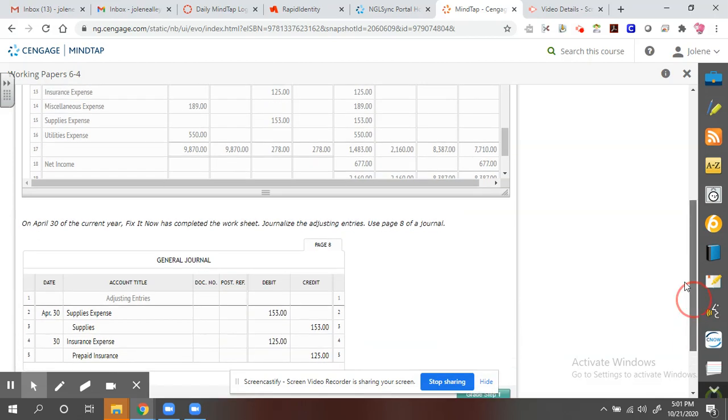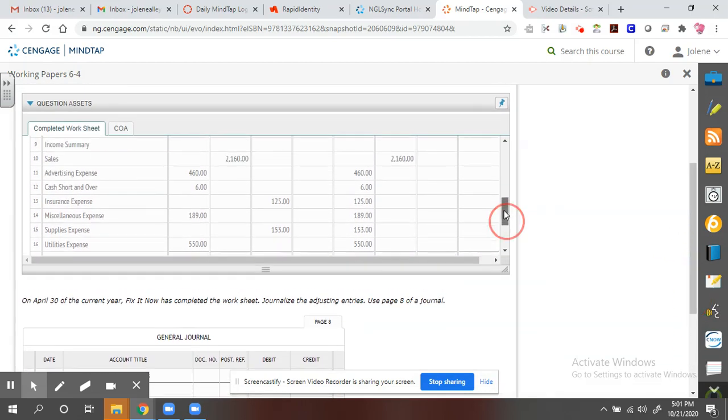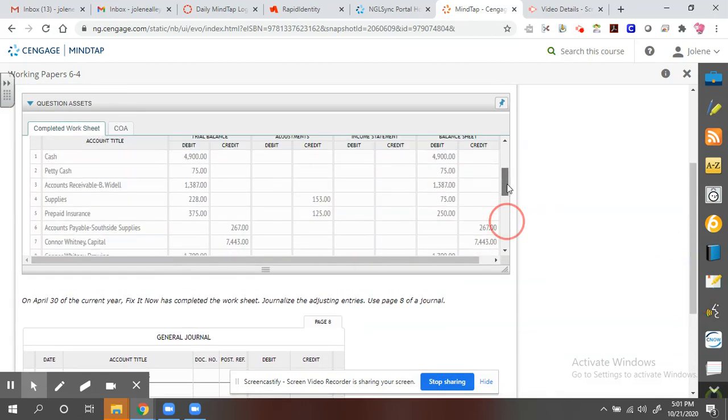That's what we found out with the adjustments. If you remember, the reason we had to do the adjustments was because at the beginning of the period, the supplies were 228 and prepaid insurance was 375. But at the end of the period, the supplies had gone down to a value of $75 and the insurance had gone down to a value of 250.